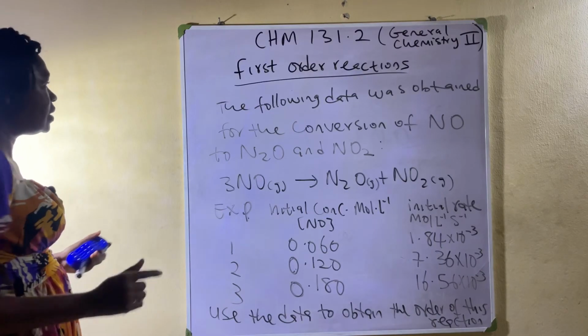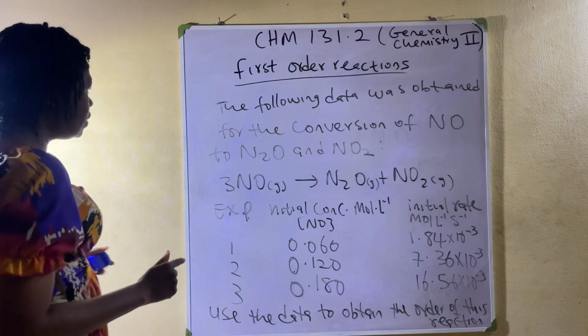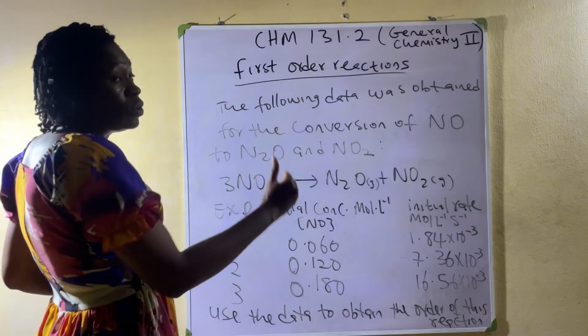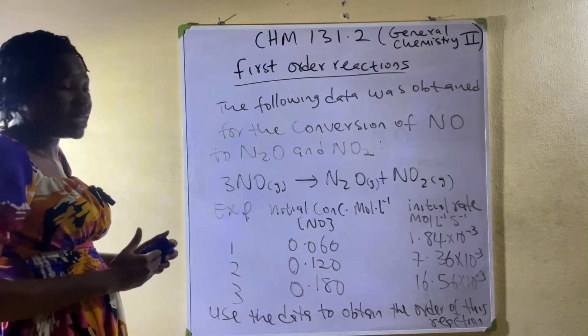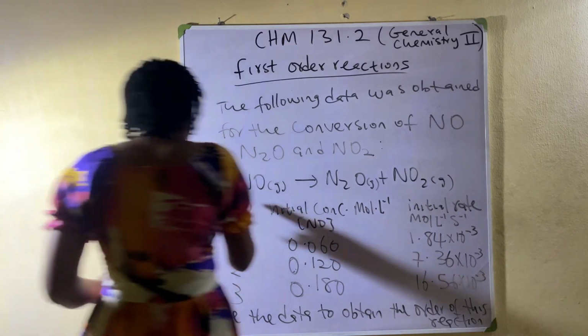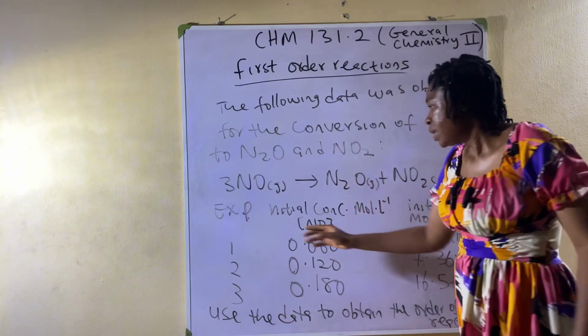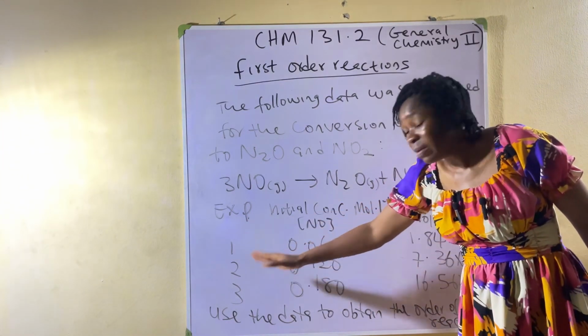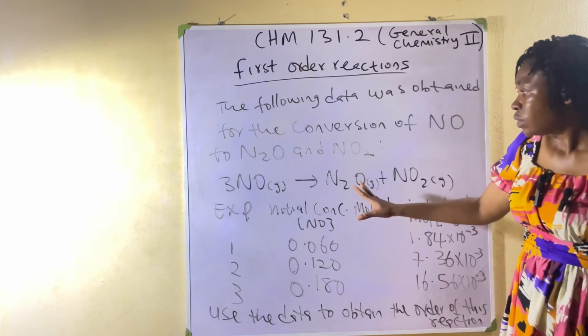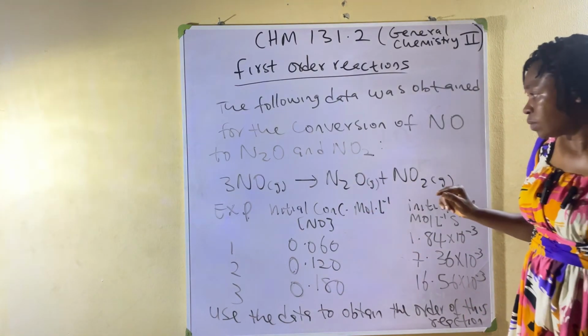Let's start an exercise. The following data was obtained for the conversion of nitrogen dioxide to dinitrogen monoxide and nitrogen tetroxide. So this is the equation for the reaction. Experiments 1, 2, 3 were performed on this reaction.